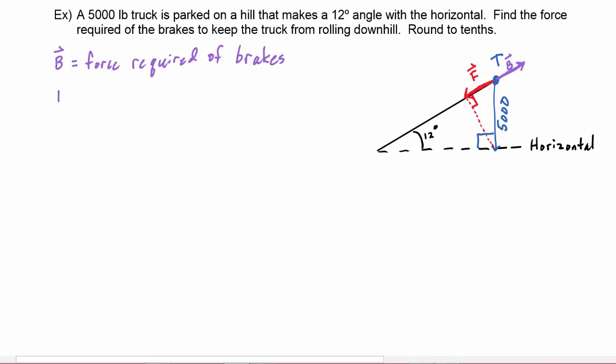And we notice that vector B is just the opposite of vector F, which is the force pulling downhill. Because vector B is the opposite of vector F, we know that the magnitude of vector B is going to have to equal the magnitude of vector F.